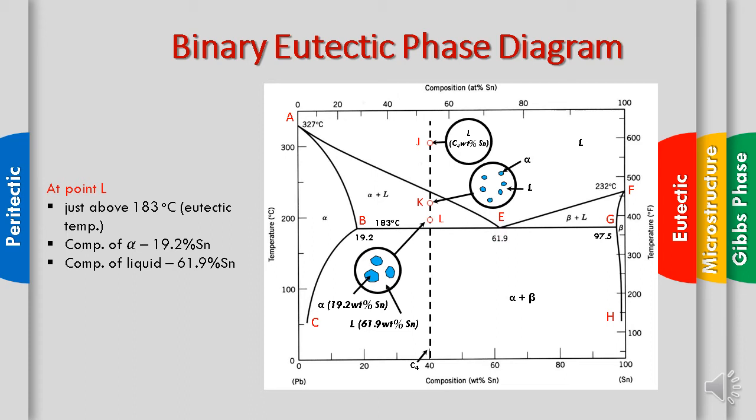We can see the microstructure of the alpha is much bigger, and the liquid starts to decrease compared to the earlier value.